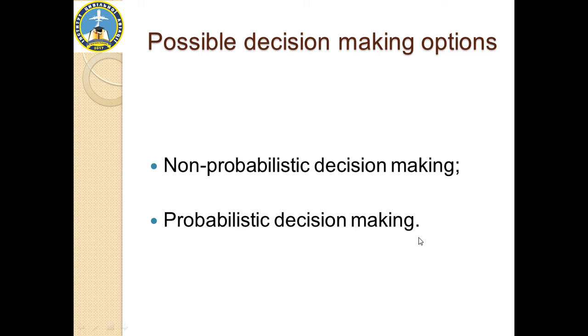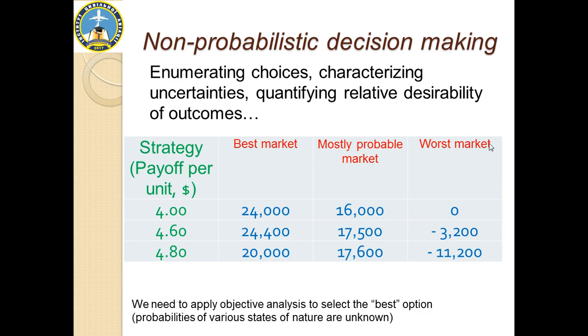In the previous non-probabilistic decision-making procedure, we considered this example where we set different pricing options regarding some software, and we had this payoff matrix for the best market conditions expected, for the mild or most probable market conditions expected, or worst market conditions expected, and different expected payoffs depending on a pricing policy.